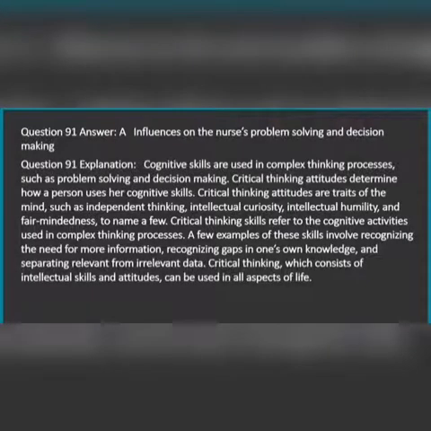Critical thinking skills refer to the cognitive activities used in complex thinking processes. A few examples of these skills involve recognizing the need for more information, recognizing gaps in one's own knowledge, and separating relevant from irrelevant data. Critical thinking, which consists of intellectual skills and attitudes, can be used in all aspects of life.